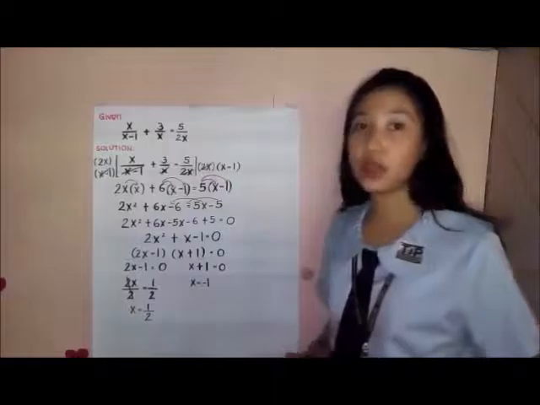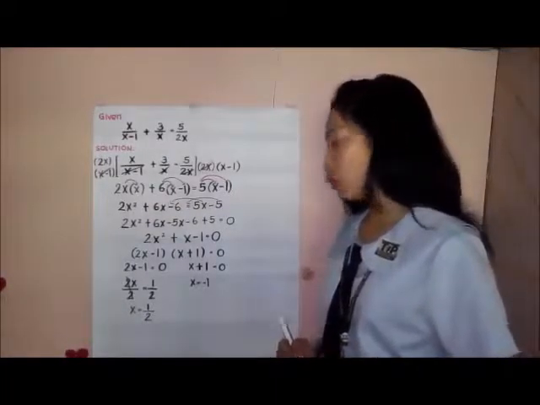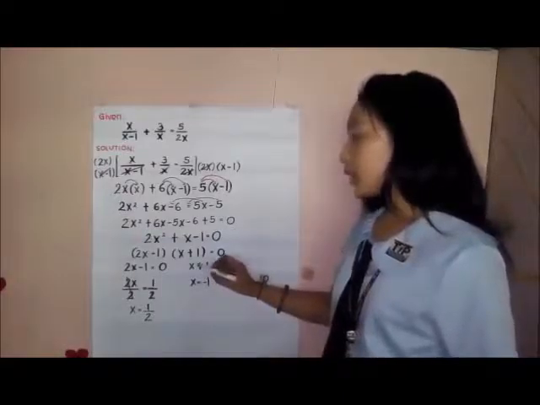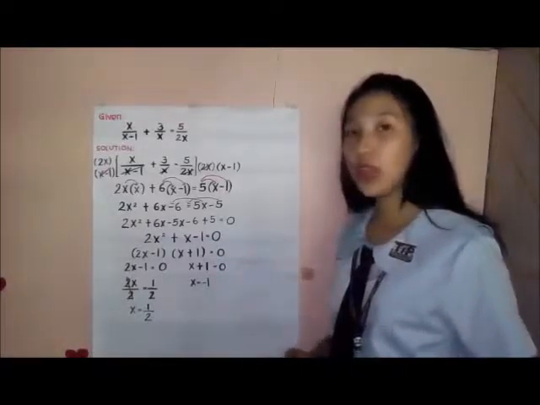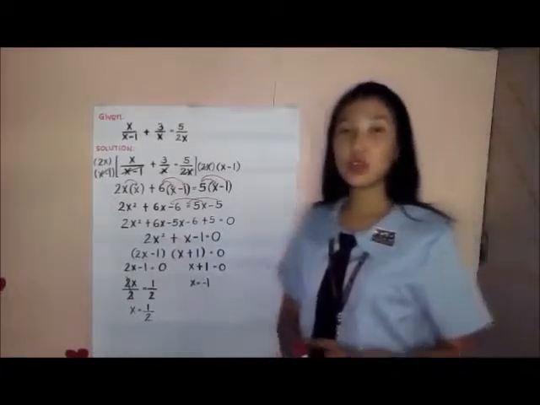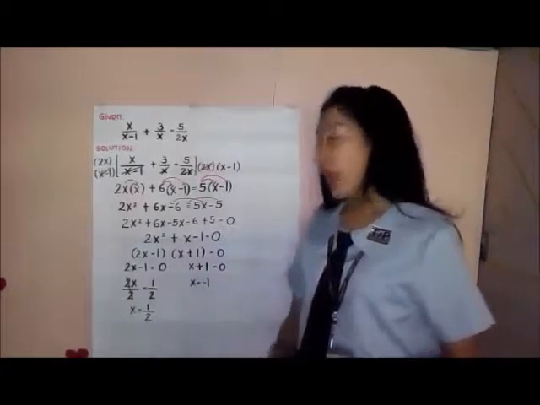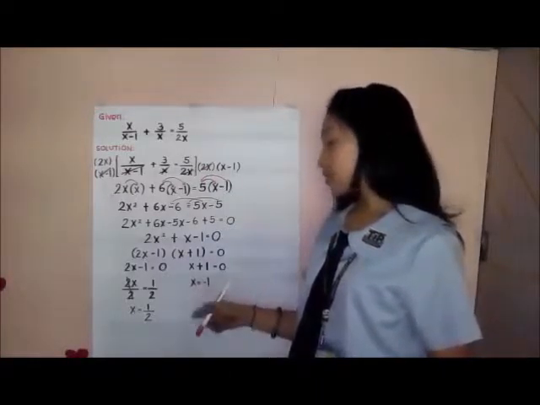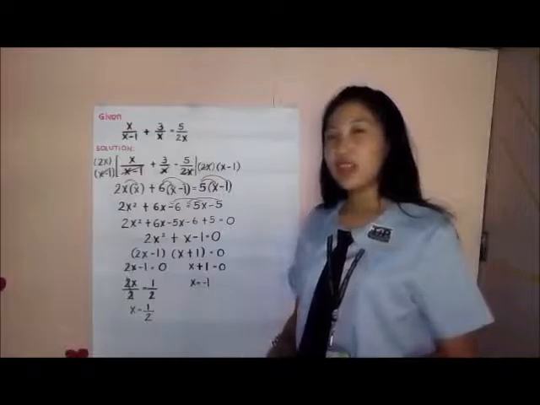Ang magiging sagot ay x is equal to 1 over 2. Ito naman, lilipat natin siya at magiging x is equal to negative 1. Ang magiging sagot ng equation na ito ay x is equal to 1 over 2 and x is equal to negative 1.